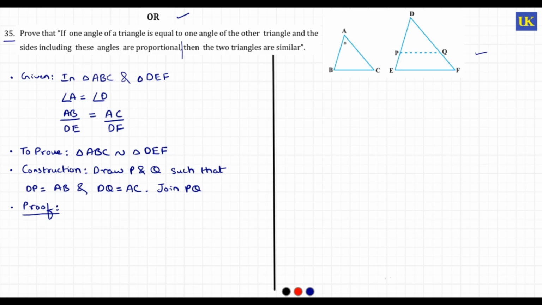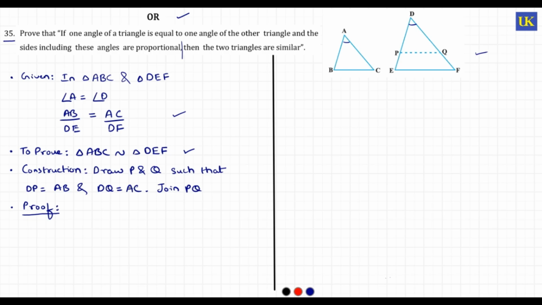So they are saying that angle A is equal to angle D. And then AB upon DE, this side is proportional, and AC upon DF, this side is also proportional. So these two sides are in proportion and the included angle is equal. So this is what is given. And we have to prove that in such a case both the triangles will be similar.